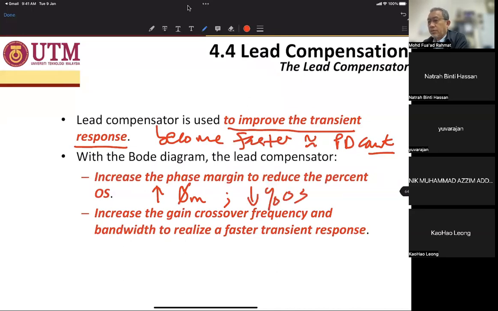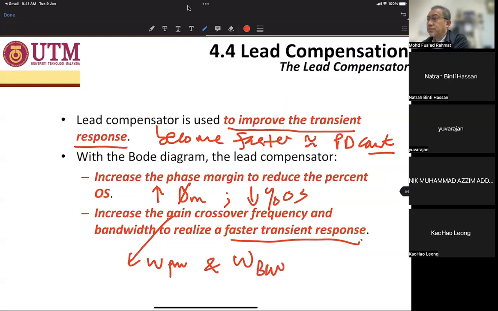Okay, so increase the gain crossover frequency and bandwidth to realize a faster transient response. Okay, gain crossover frequency, which is the omega gc, and omega bandwidth.